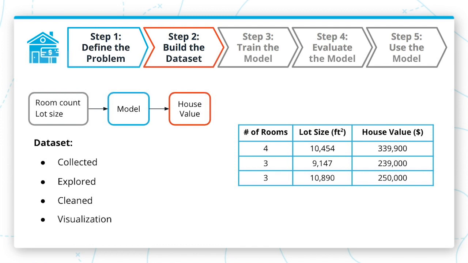You might also plot house value against each of your input variables and observe how the house value changes when either lot size or room count increases. You split 80% of your dataset randomly into a training dataset and 20% into a test dataset. Okay, you're ready to try training a model.